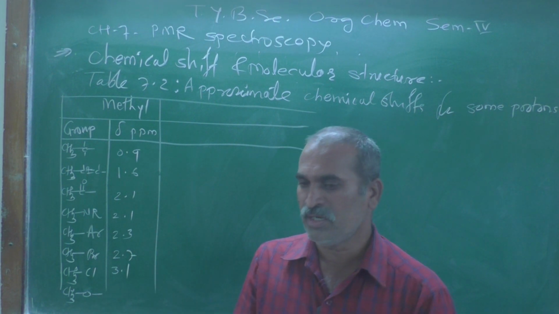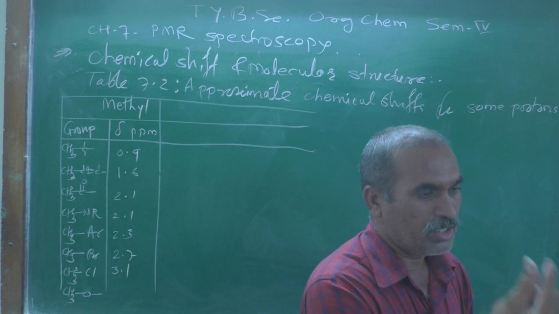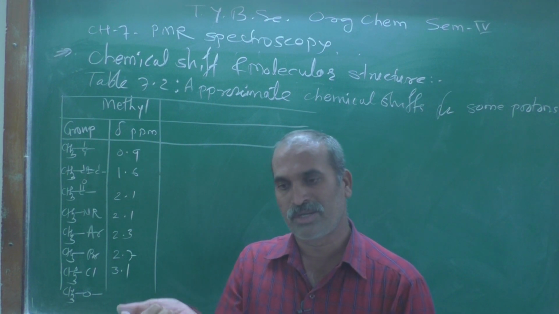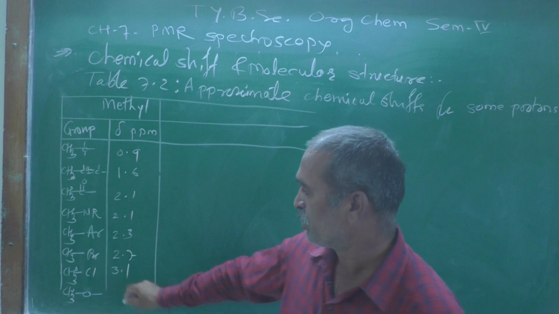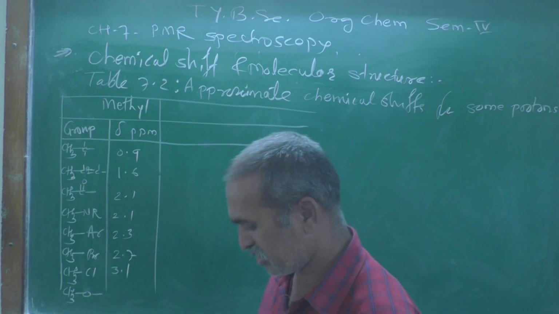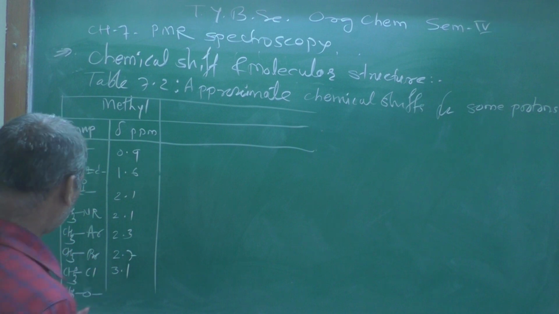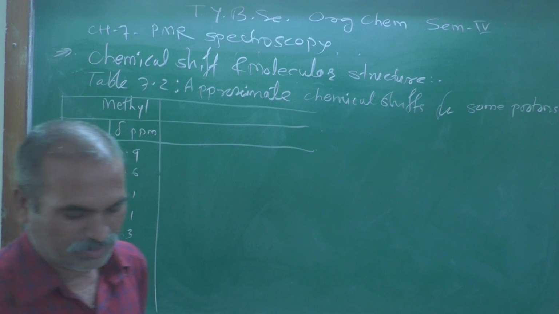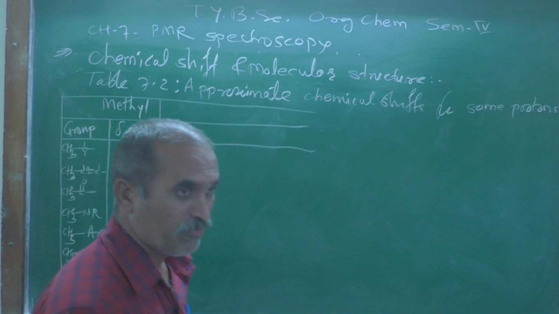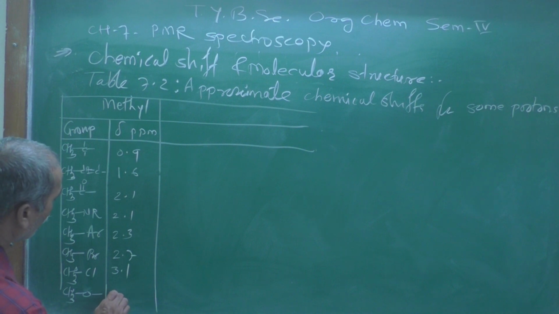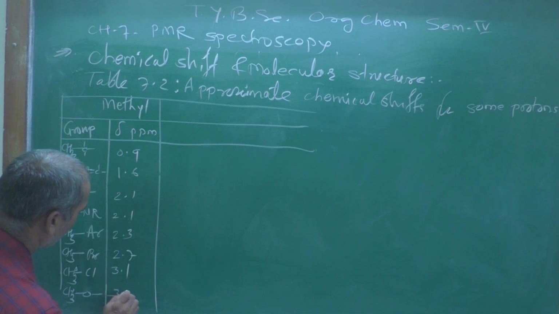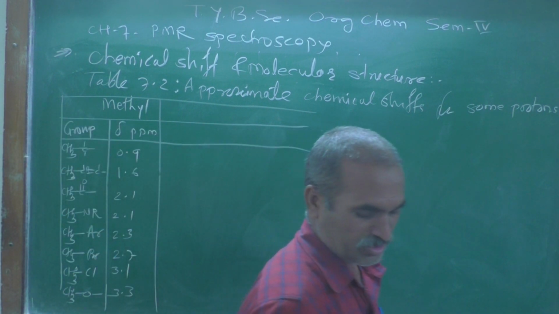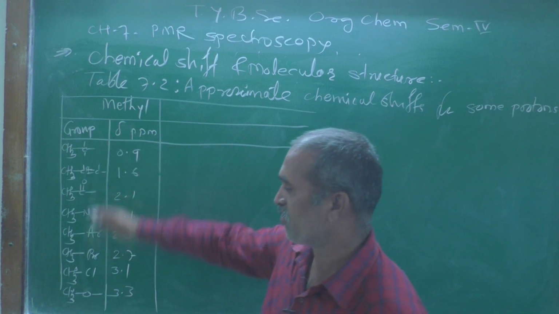Then there is an electron withdrawing group or the minus I effect observed due to the presence of oxygen atom, and that's why the chemical shift value found here is more pronounced than the chlorine atom. It is found to be 3.3 or 3.8 something. So these are the values.